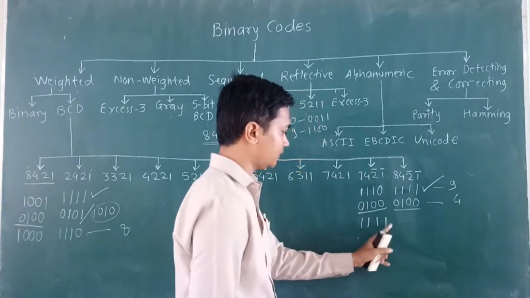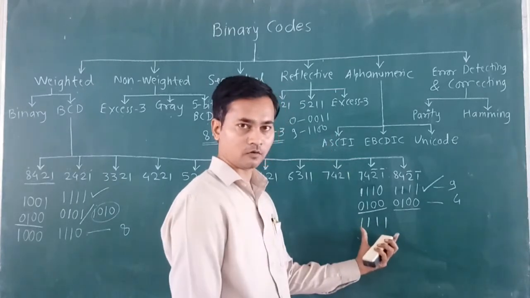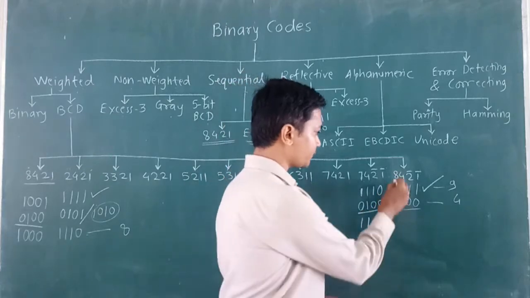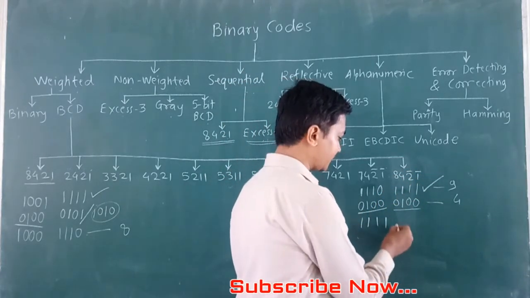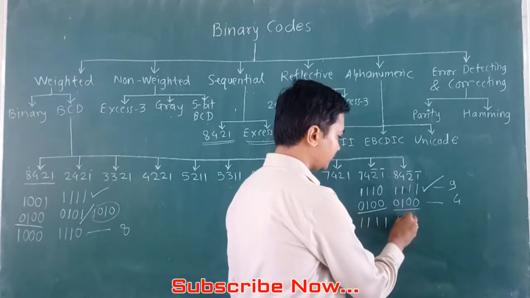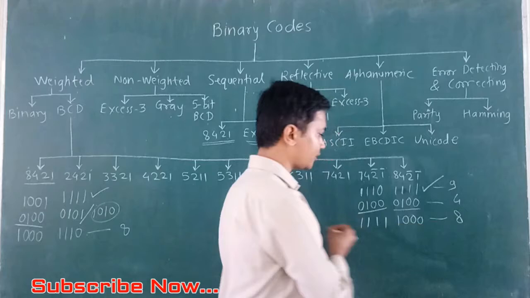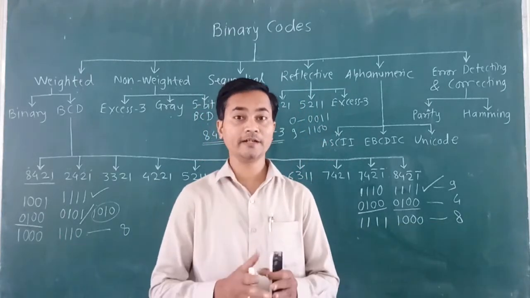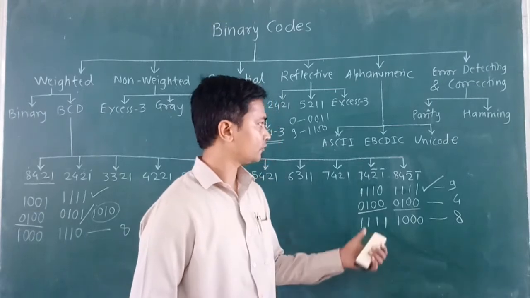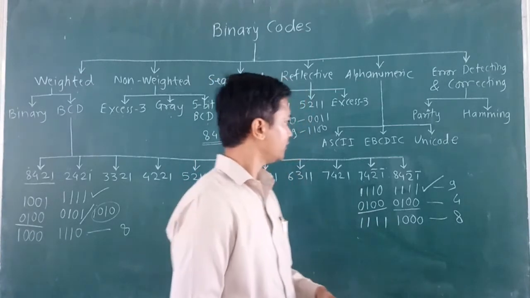So this is the value 8 in 7 4 2 bar 1 bar code. Next is 8 4 2 bar 1 bar. I want to represent value 8. How can we represent? 1 0 0 0. So all these codes represent value 8. I hope you are understanding.